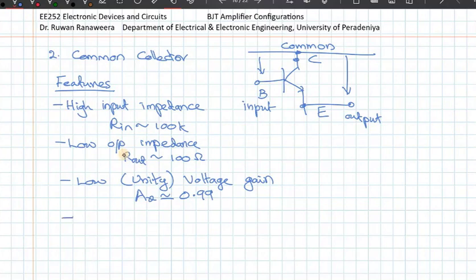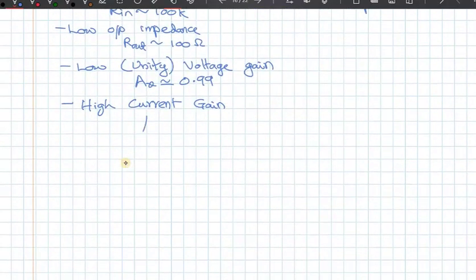Now we know that with a voltage gain less than 1, to have a power gain greater than 1, we have to have high current gain. Typically AI is in the range of 50. This is like the beta, so it is similar to that.